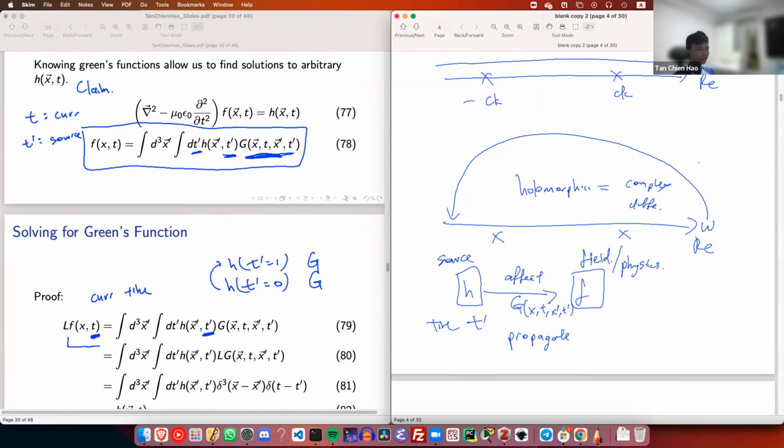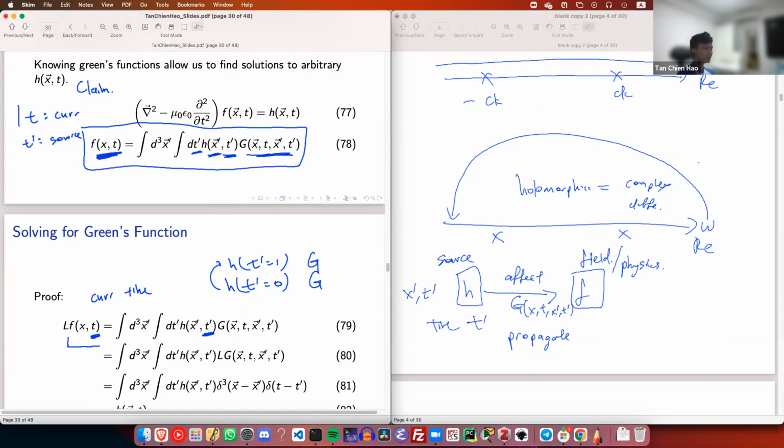So g tells me, for my h at time t prime with position x prime, how does this information propagate to the measurement, to the field at place x and time t. Here t is the current time and t prime is the source.